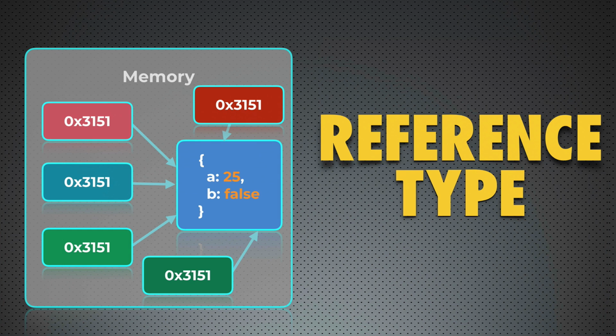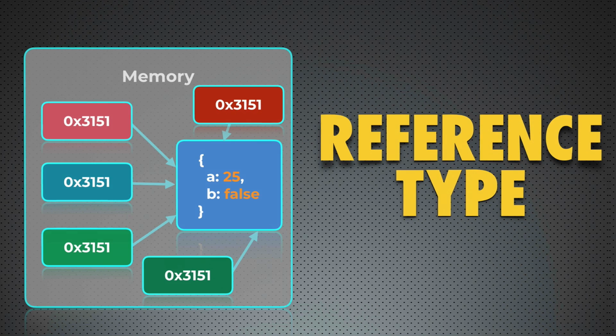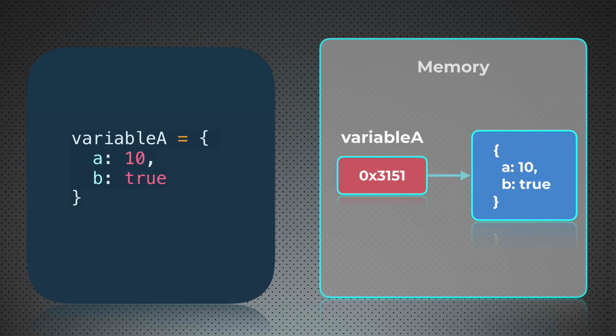And finally, in order to make you fully understand how values of reference type behave, let me show you an example. Please don't focus on the syntax now. We are talking only about the way values are stored in the memory. Remember that the purpose of each variable is to hold a value.